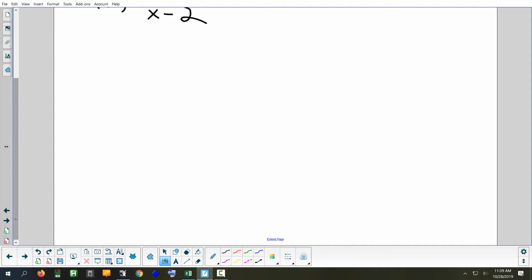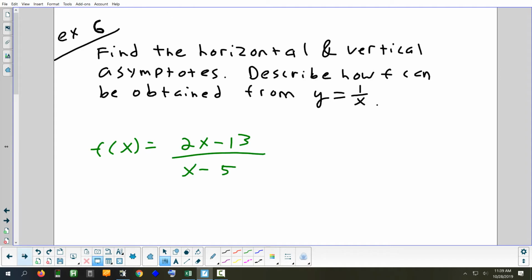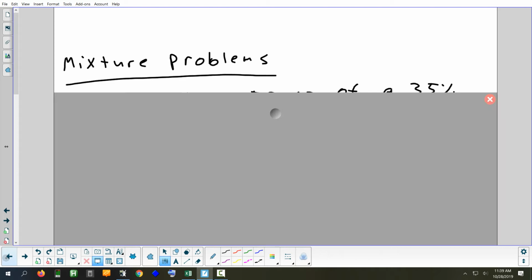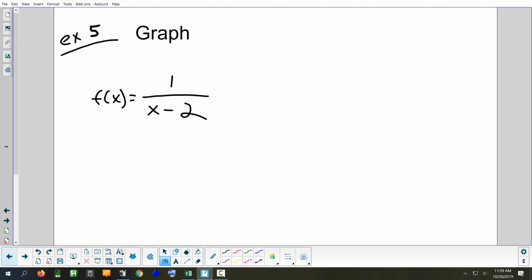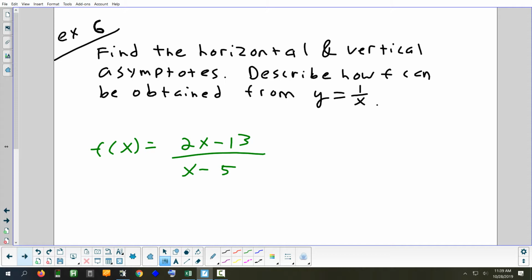I'm not going to graph that. All right, let's look at this one. It says find the horizontal and vertical asymptotes, and then we'll describe some transformations. Okay, and I'll help you with the transformations because we haven't done that in a little while.